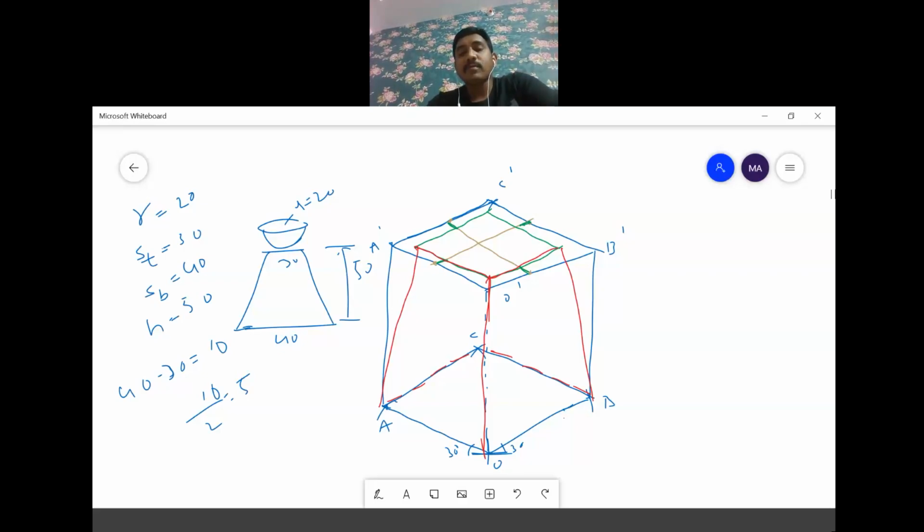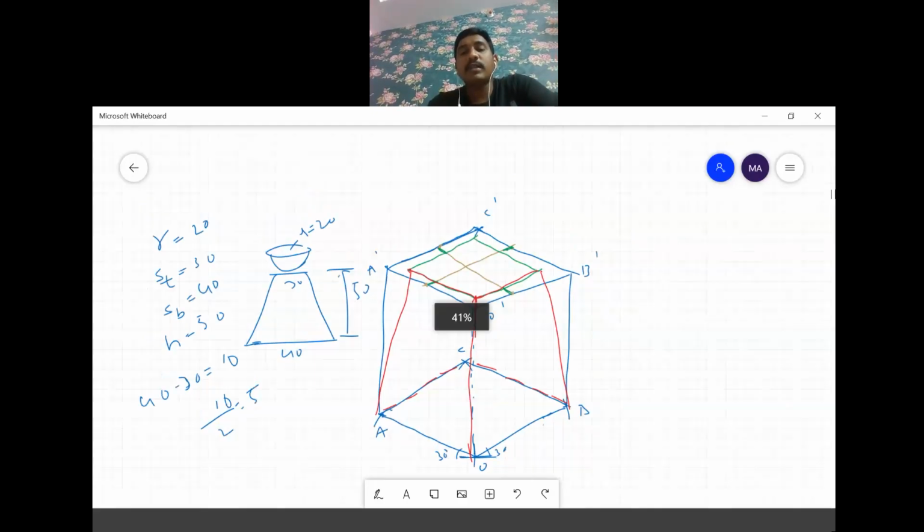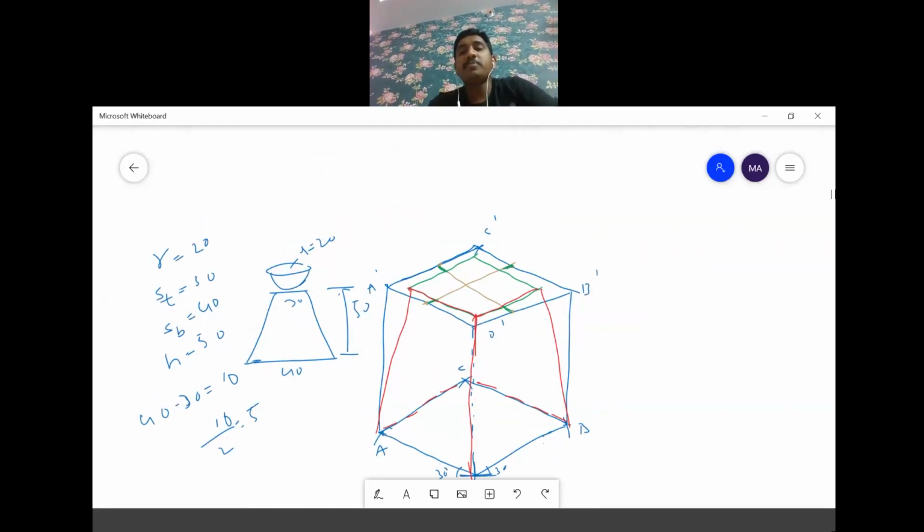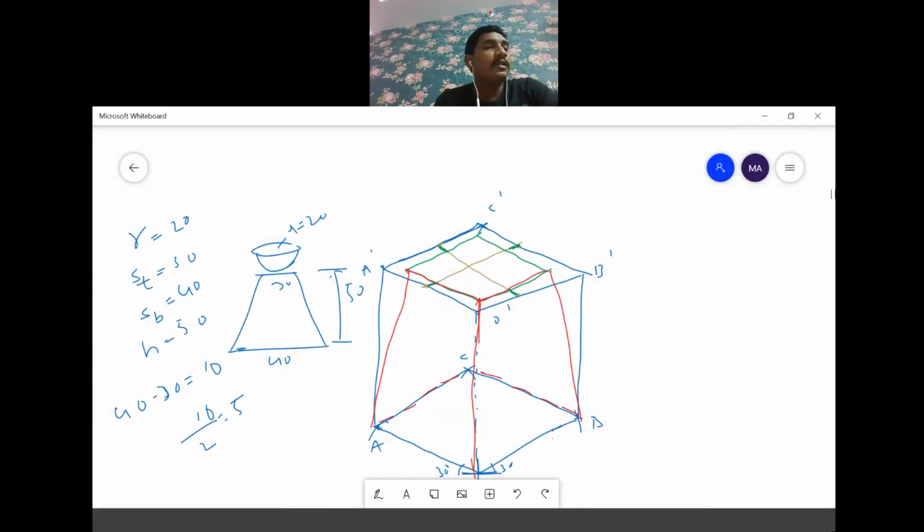Next I am going to draw the hemisphere. For that, I need to mark a midpoint. This is the midpoint. From this point I am drawing 30 mm.